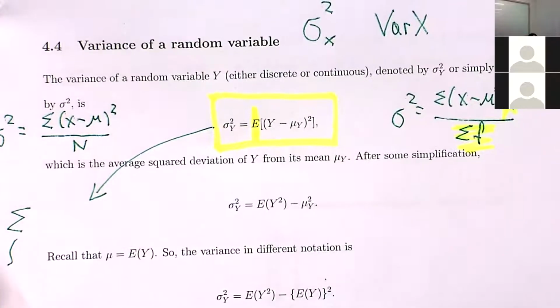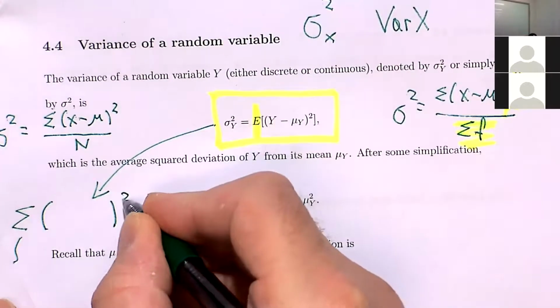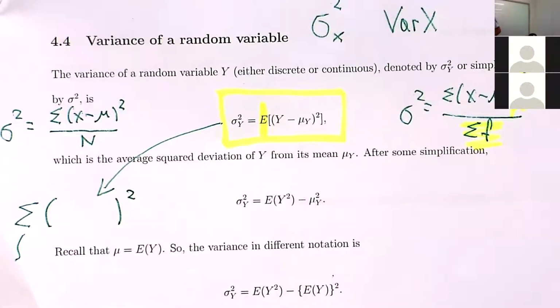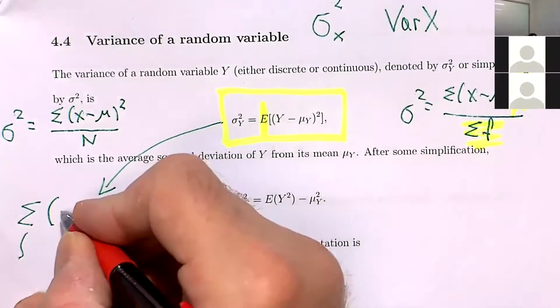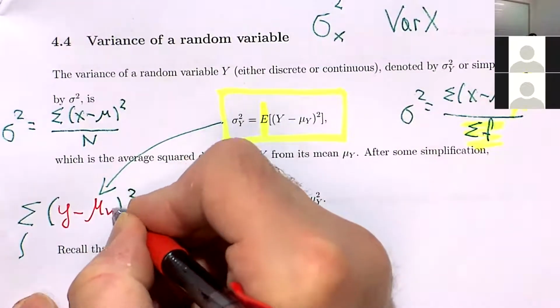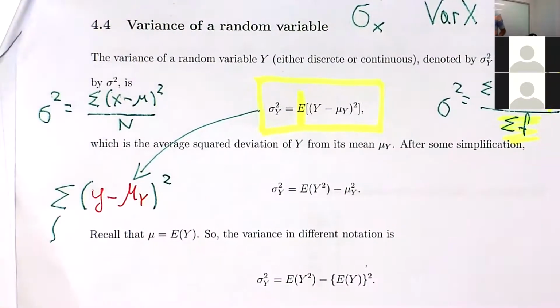Now we plug in these values in the parentheses, square whatever we have to square, and copy these values with lowercase, so small y minus mu of the random variable. And this is not the full expression of the variance. Something is missing here. What is missing?